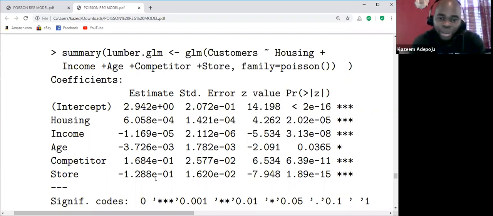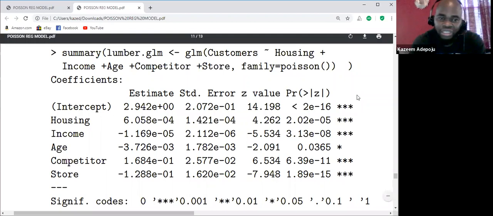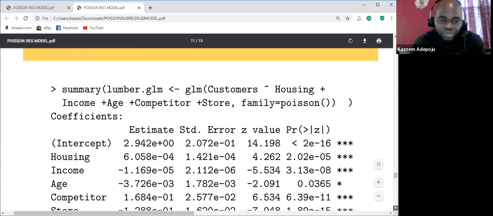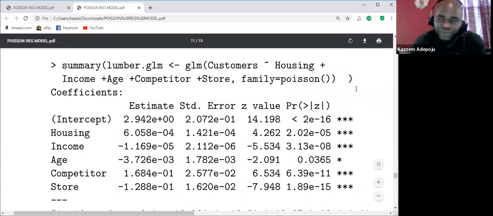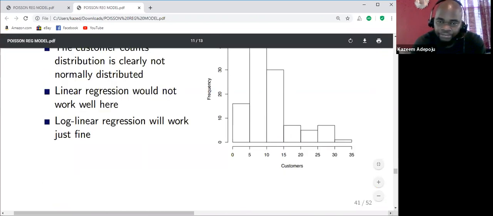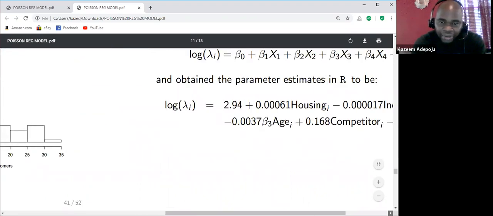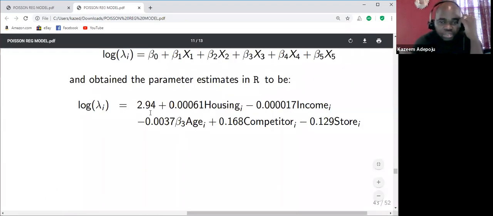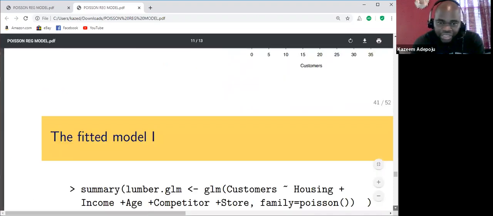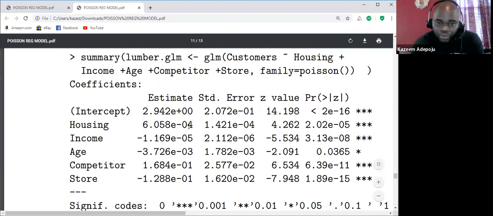The estimate of the parameters here, if you take a look at what I have right now, is 2.94, 6.05, and so on. Can you see that now? This one is 0.0000 something.